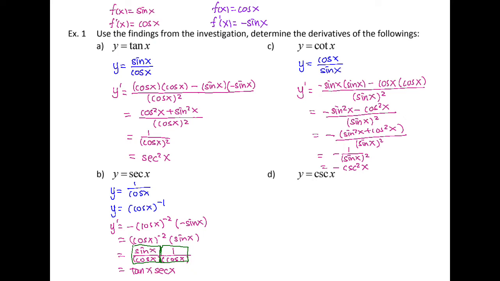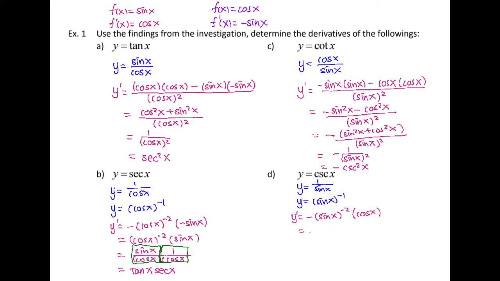Similarly, we can do cosecant as 1 over sine x. And I can write it as sine x, the whole thing, to the power negative 1. So my differentiation using the chain rule will be negative sine x to the exponent negative 2, times the differentiation of the base, which means the differentiation of sine, which is cosine.